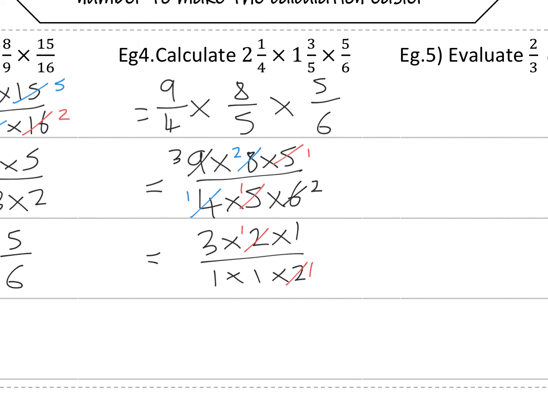And we end up on the numerator with 3 times 1 times 1, which gives 3. And on the denominator, we have 1 times 1 times 1, which is simply 1. And 3 over 1 means 3 wholes, or simply 3.